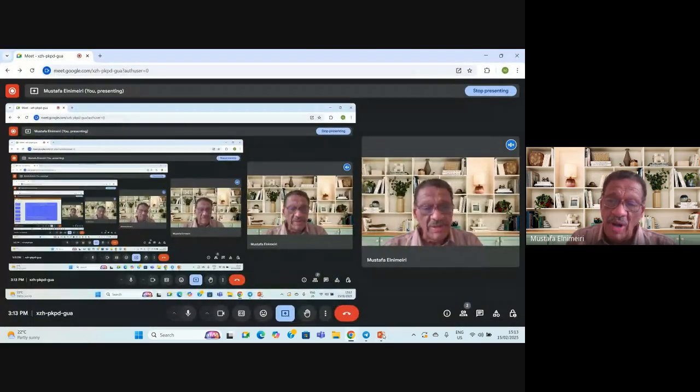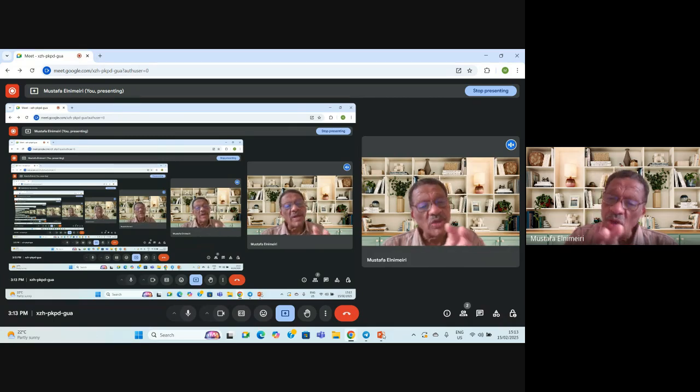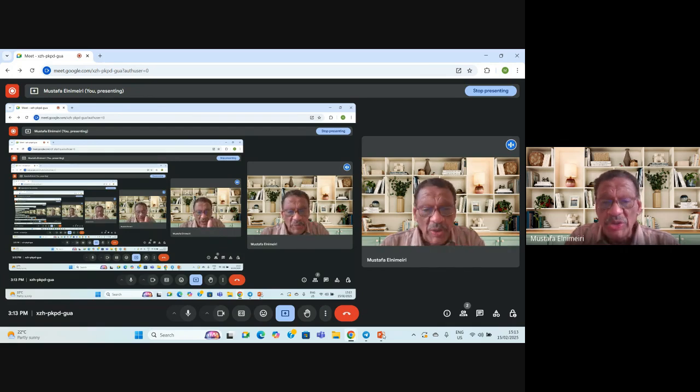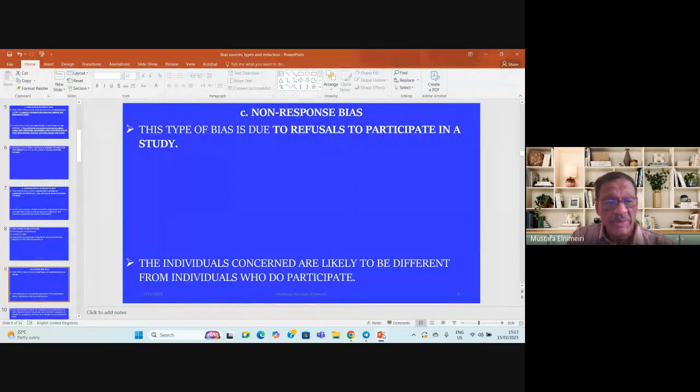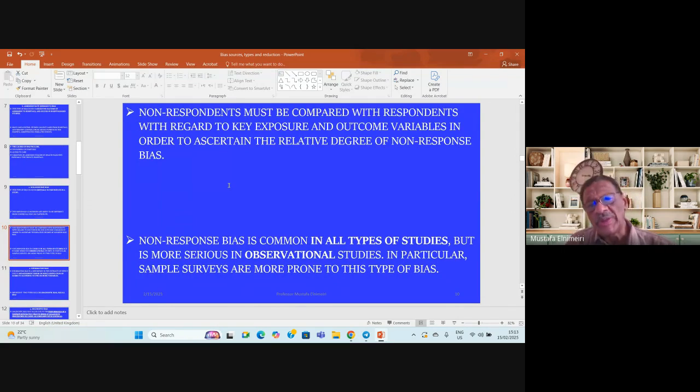In other words, if we have a very high non-response rate, there are so many participants who do not respond, and their characteristics and their responses may be different from those participants who responded to the survey. And non-respondents must be compared with respondents with regard to key exposure and outcome variables in order to ascertain the relative degree of non-response bias.